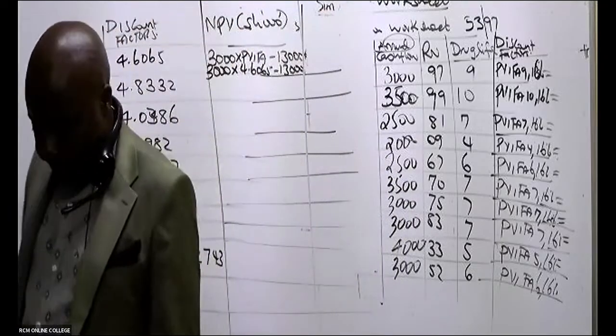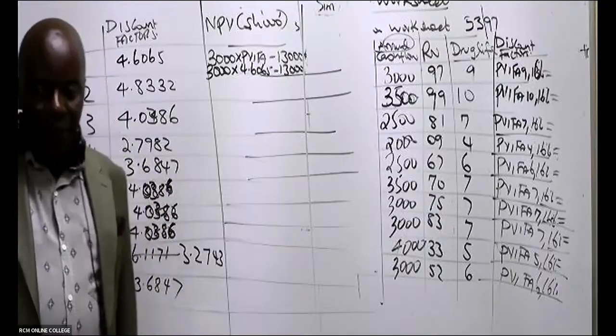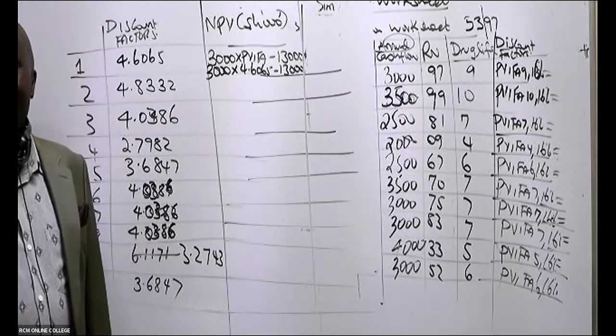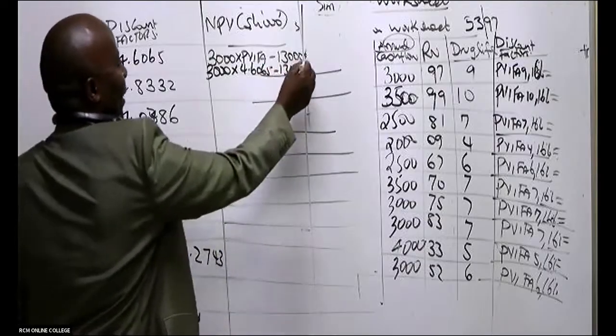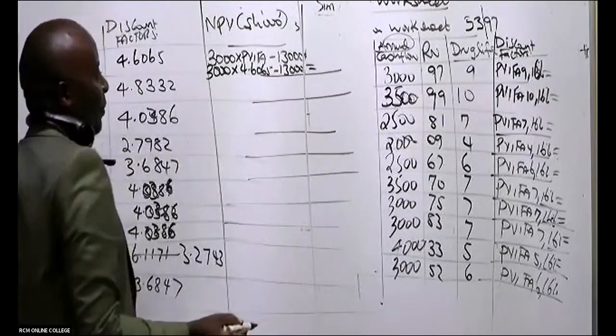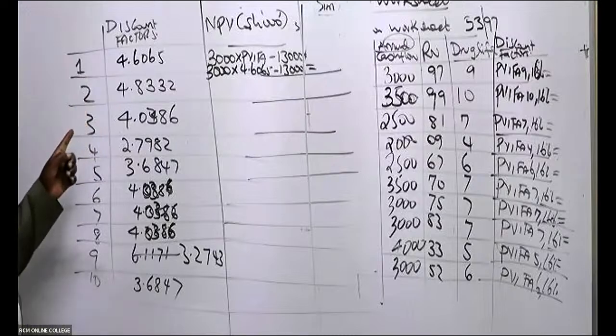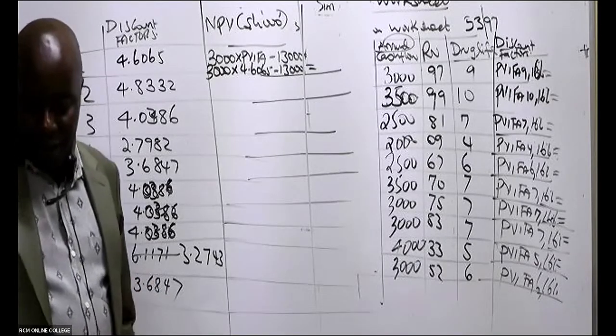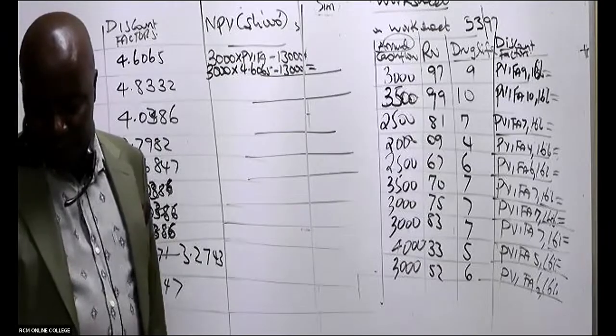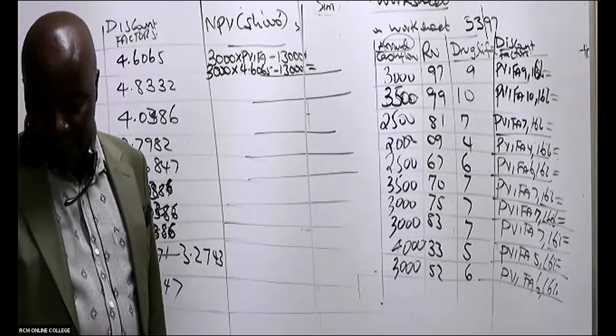What figure are you getting? Somebody give me this figure, please. So 3,000 times the discount factor minus 13,000. Now the online students are not even giving me answers.